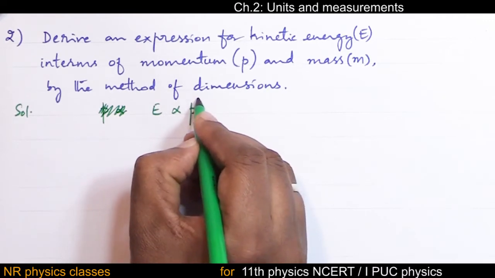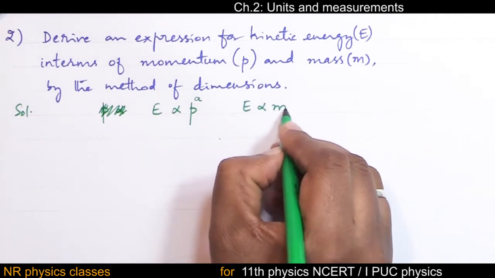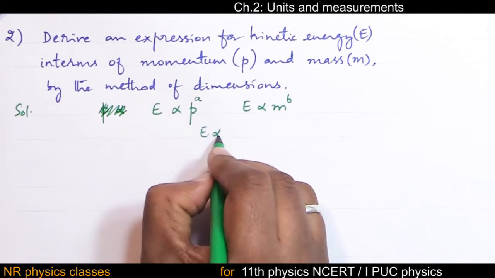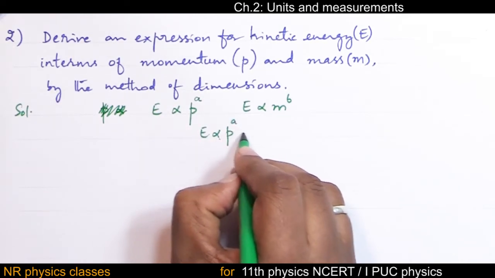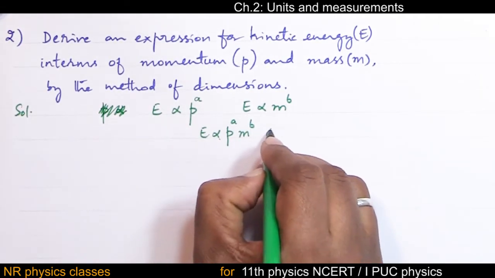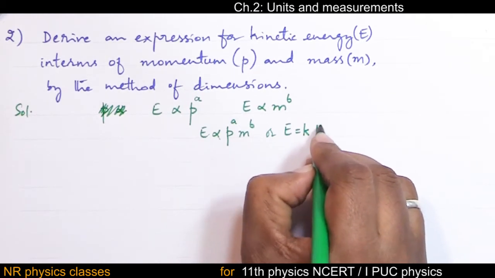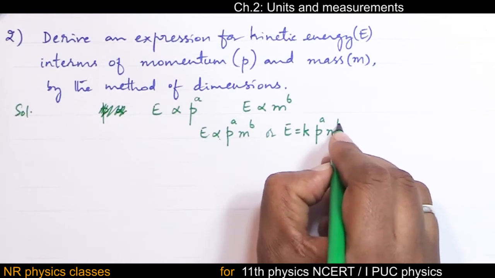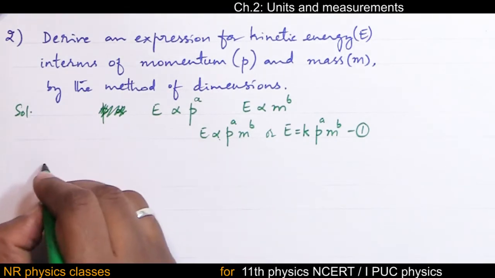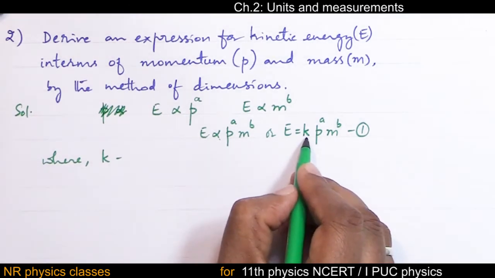So let us write A and B: kinetic energy is proportional to momentum to the power A, mass to the power B, or kinetic energy equal to a constant times momentum^A m^B, equation 1, where K is a dimensionless constant of proportionality.